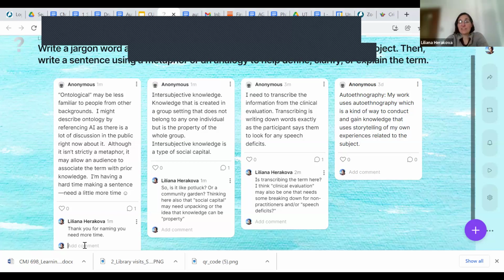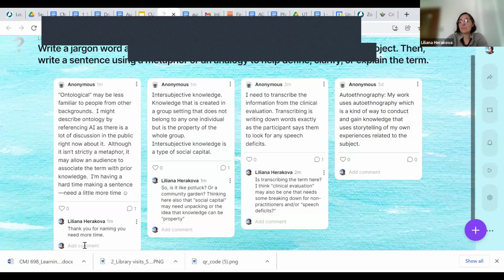Oftentimes we think of jargon as particular terms, but jargon can also be in terms of practices. As we become socialized and educated in a particular professional or academic field, we start talking about practices like interviewing, doing clinical evaluations, or assessing for speech deficits, or in education, formative assessments versus summative assessments, for example. We learn how to do these practices, and we associate the terms with the actions. But for people outside of our professional field, it's not only the words, it's the practice itself that's unfamiliar to them.